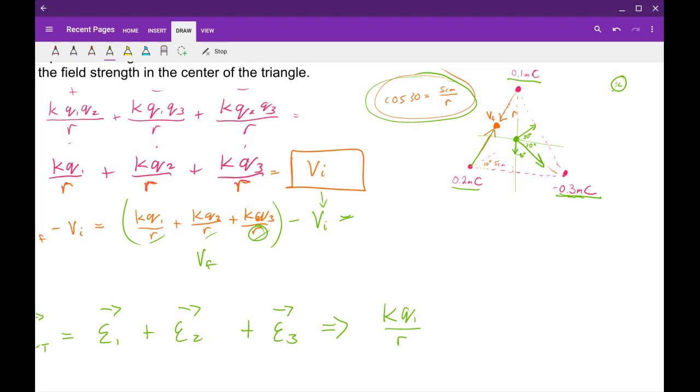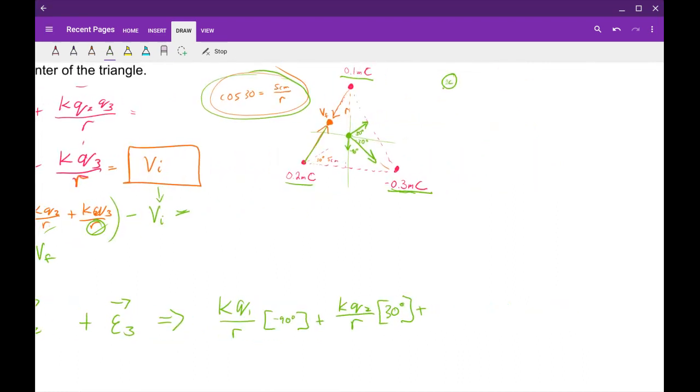This is Q1, so that one would be at negative 90 degrees, plus KQ2 over R, again 5 centimeters over square root of 3 over 2, but Q2's field strength is coming in at 30 degrees, plus KQ3 over R, and its field strength is coming in at negative 30 degrees.